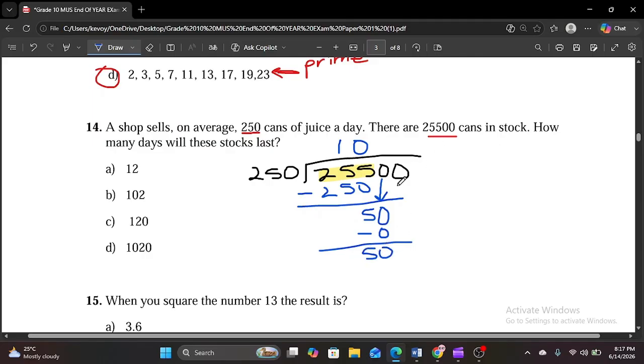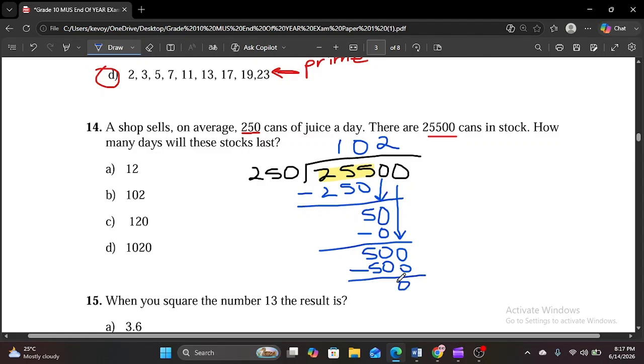After you subtract, you bring down. So that's going to be 500. How many times can 250 go into 500? Last time I checked, it was 2. That's 2 times 250 should be equal to 500. And when you subtract, that is equal to 0.